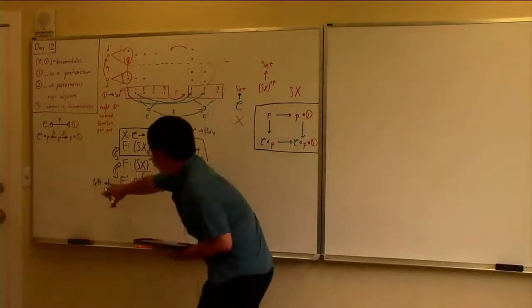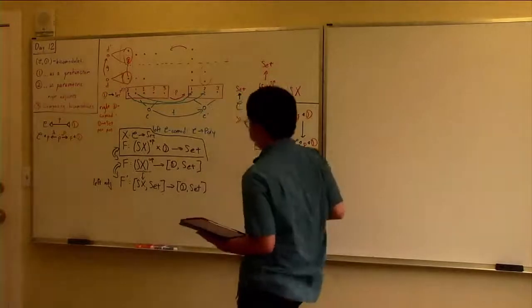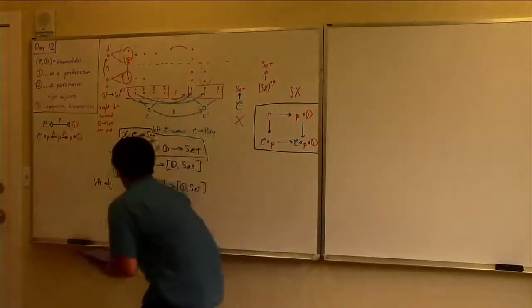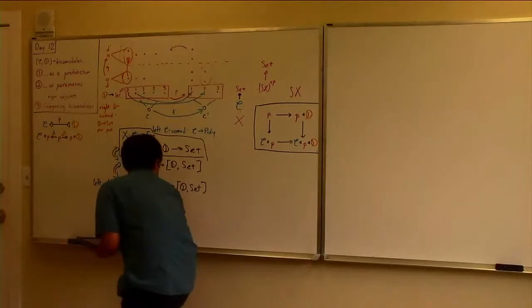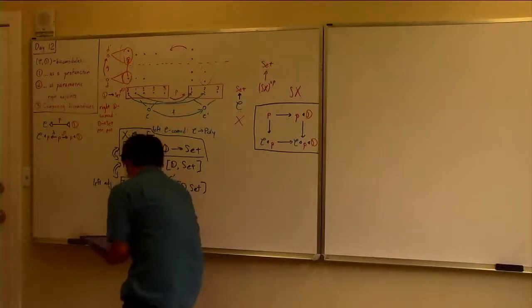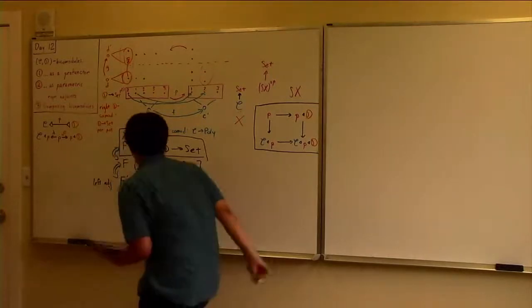Now, left adjoints from here to here are in turn equivalent to right adjoints from here to here. That's just how adjunctions work. So we get a functor back this way. Also, this one was f prime. Then let's just call this g.